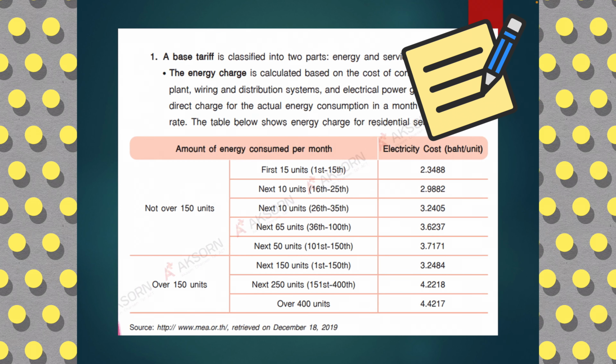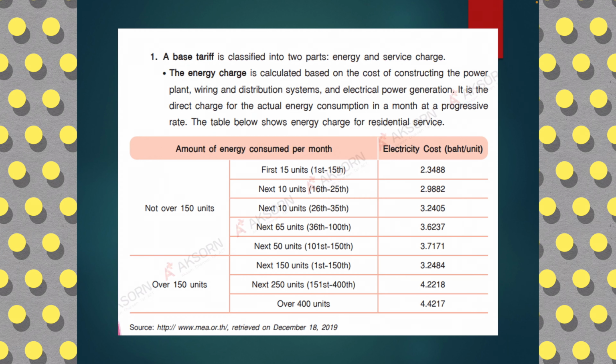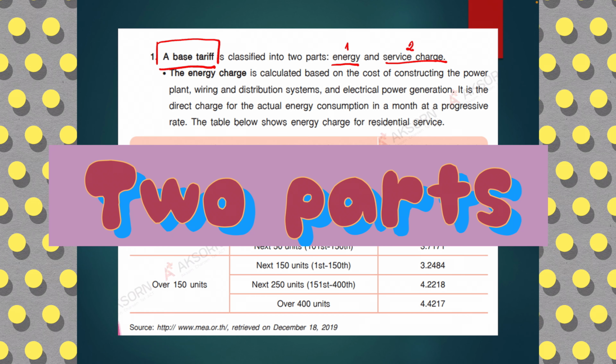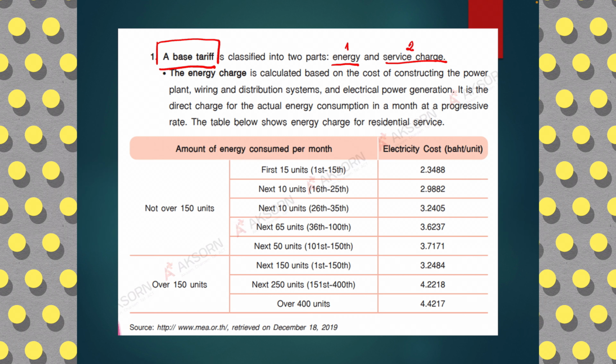Now, there are important things that you need to take note of when calculating electricity. The first one is what we call the base tariff. In the base tariff, there are two parts. We have the energy charge and the service charge. Now, how do we get the energy charge?